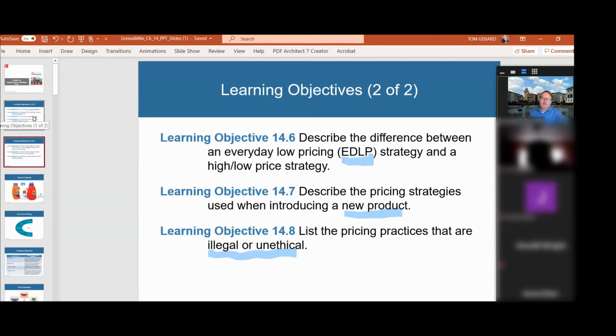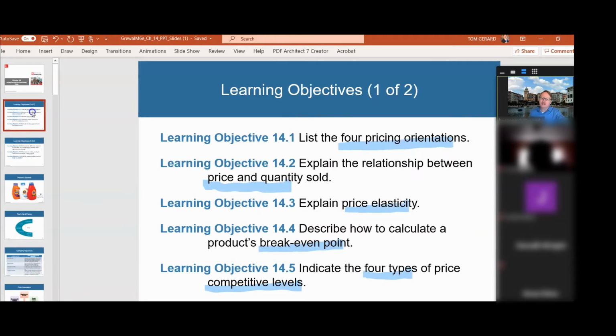Anyway, one of the things that you'll see in this course, I don't know how many of you have taken your economics, or you're taking your accounting too, which is managerial accounting. Some of these concepts covered in this course are price elasticity and the relationship between price and quantity sold.